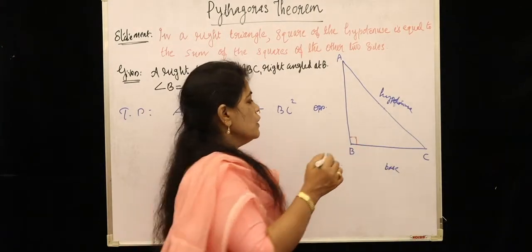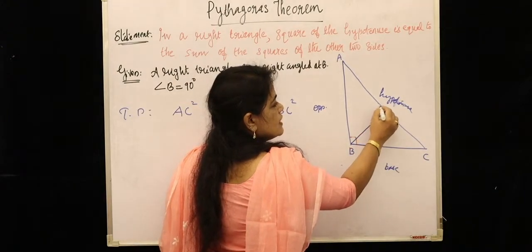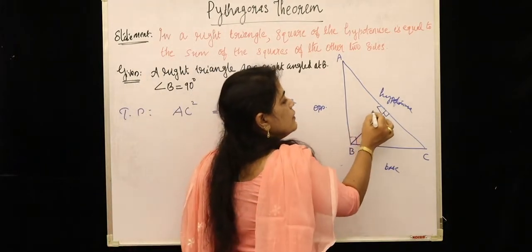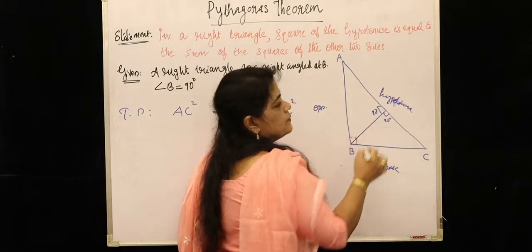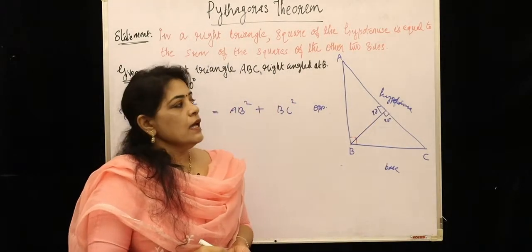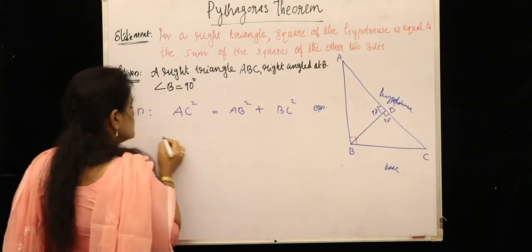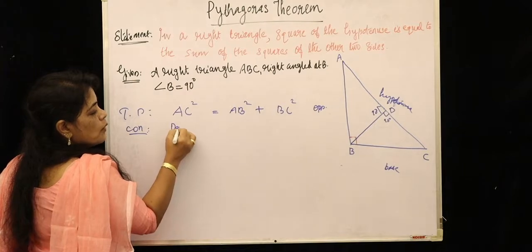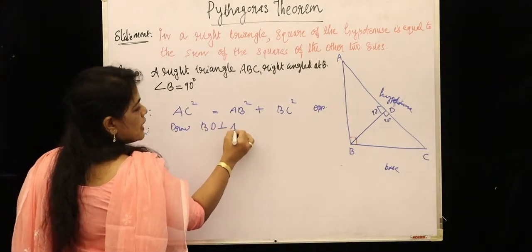I am drawing a perpendicular from B to AC; being perpendicular, this angle will be 90 degree, and being a linear pair, this also will be 90 degree. So this is the construction part: draw BD perpendicular to AC.